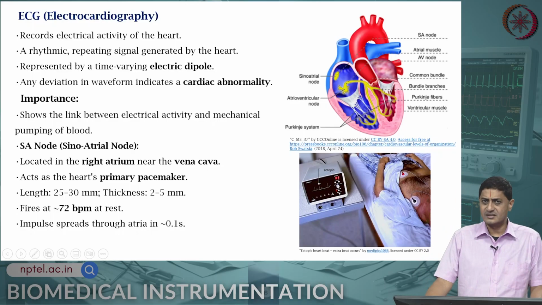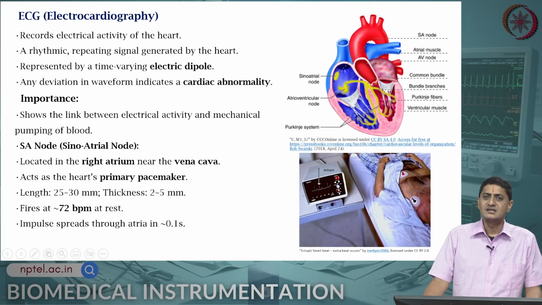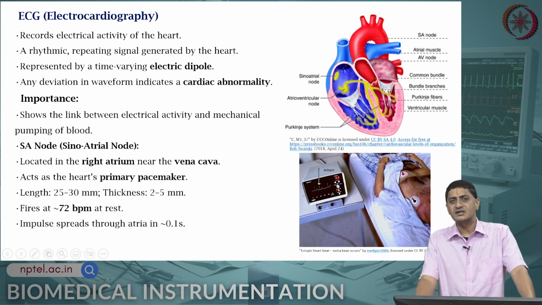So that is essentially mediated through the excitable nature of the cardiac muscle. There are different types of muscles: skeletal muscle, smooth muscle and cardiac muscle. These are the three major types, one way of classifying muscles. In cardiac muscle there is exactly one muscle, the heart.